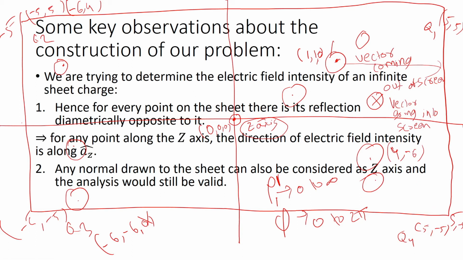Now let us look at this point. Both the horizontal displacement and the vertical displacement have gone down. So it is 4 comma 4. See, the earlier values of the integration were minus 5 to 5 in x and y. But here it is minus 6 to 4 and minus 6 to 4. The value of x is from minus 6 to 4 and the value of y is from minus 6 to 4.